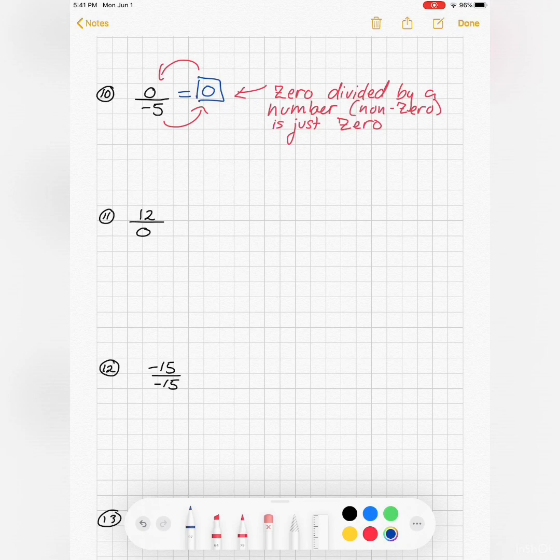What about this one? Because this one doesn't really make sense. This says I have 12 things divided by 0 people. Huh? Well, it doesn't make sense to divide by 0 people. So actually we cannot divide by 0. So this we would call undefined.